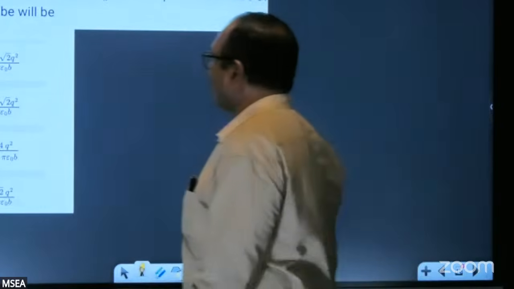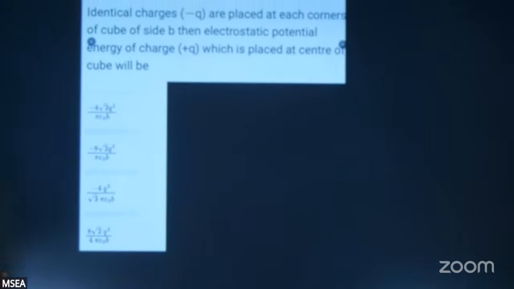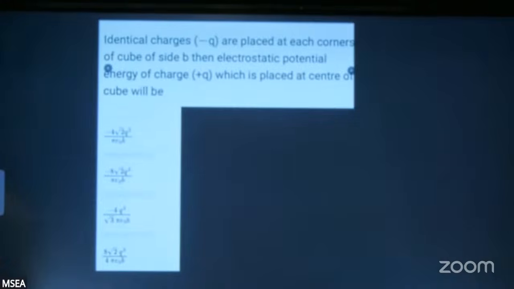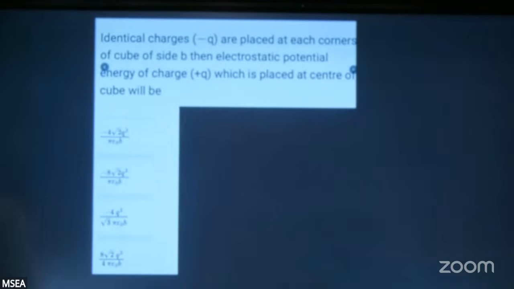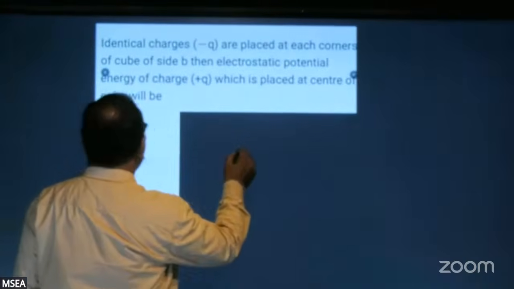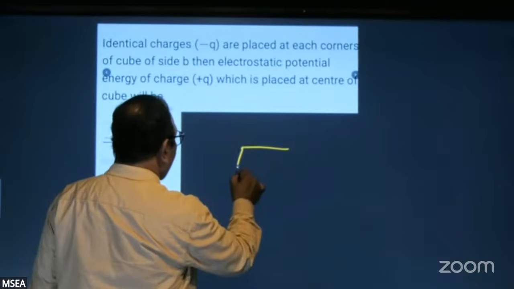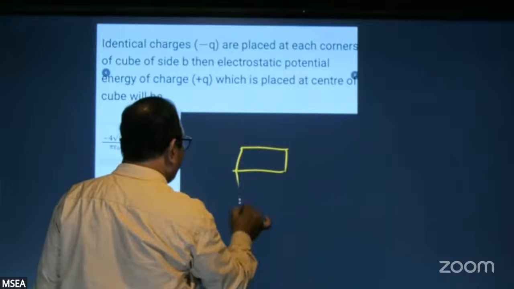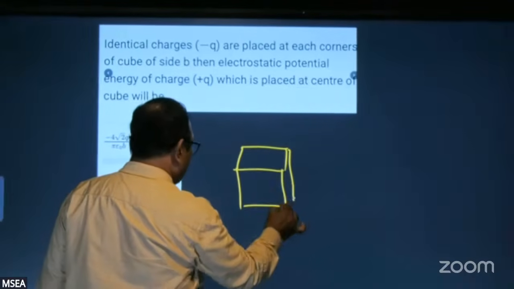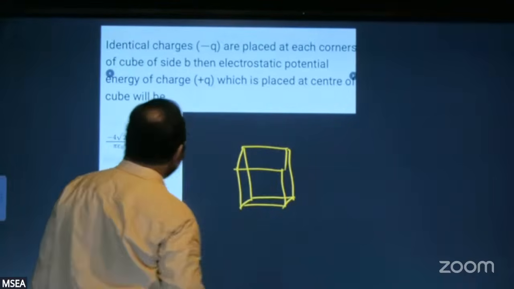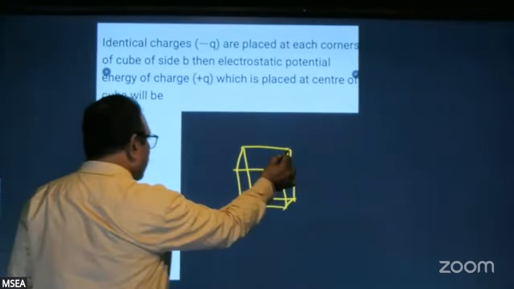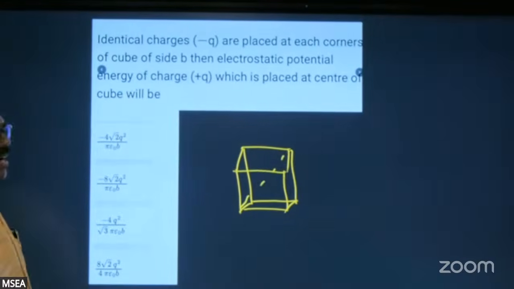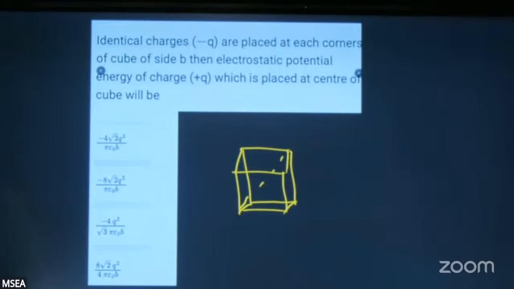Next, we go to the next question. Identical charges minus q are placed at each corner of a cube of side b. Then the electrostatic potential energy of the charge placed at the center of the cube is. You have to remember this is a cube. The body diagonal is root 3a if the side is a.